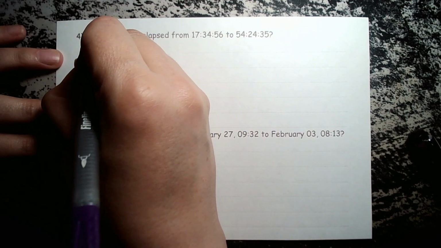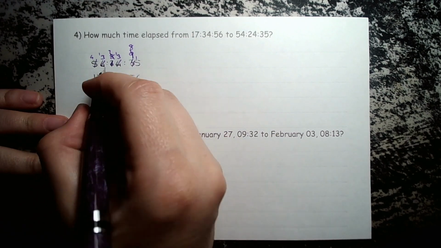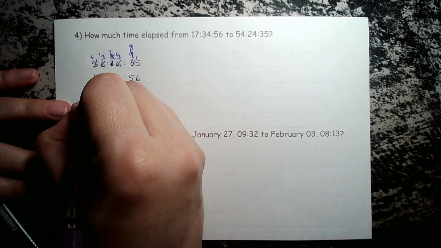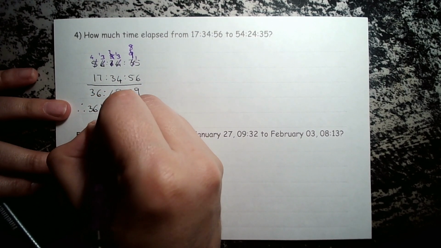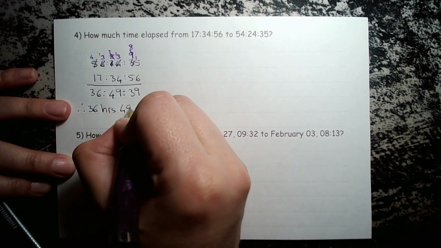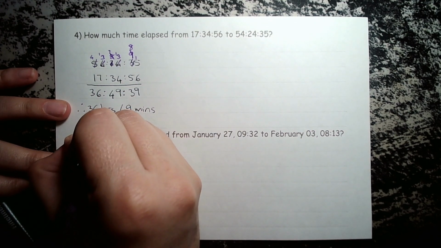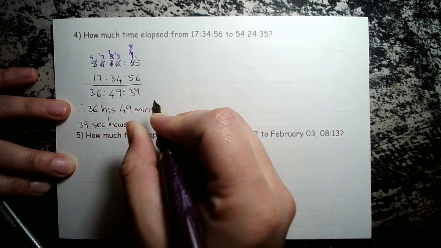We go and borrow 13. 13 minus 7 gives us 6, and 4 minus 1 gives us 3. So therefore, 36 hours, 49 minutes, and 39 seconds have passed.